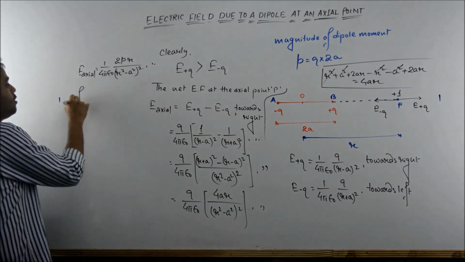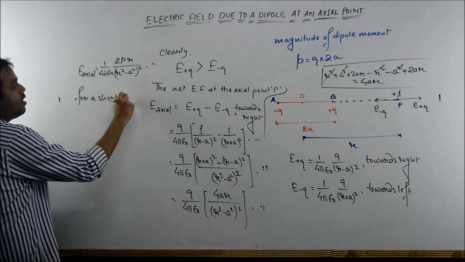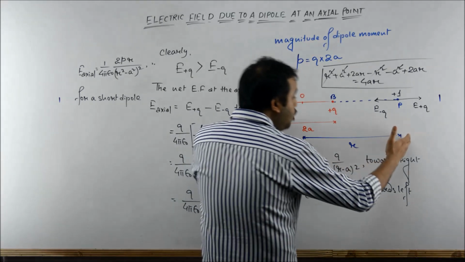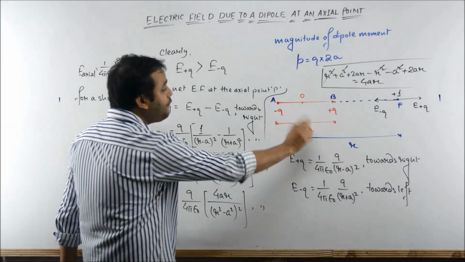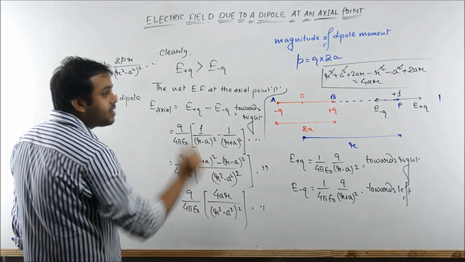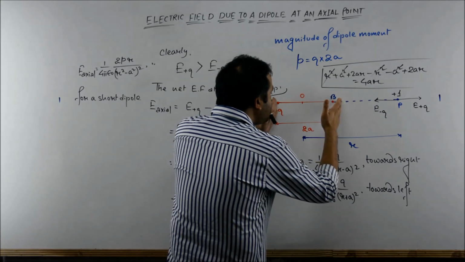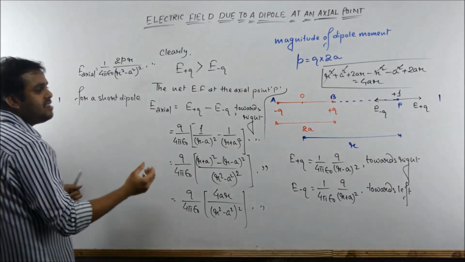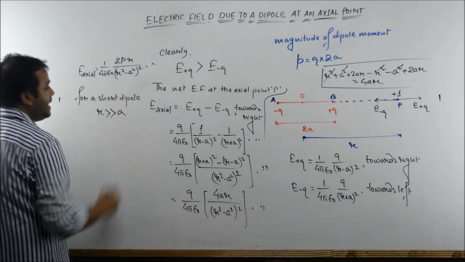So we will write, for a short dipole, the value of r will be much greater than the value of a, because ideally, a dipole is very short. If this dipole becomes very short, the value of a will be much less than the value of r. So we'll write r is much greater than a.